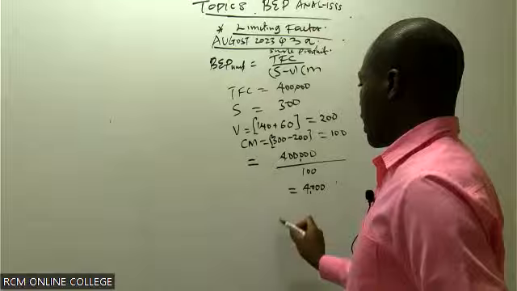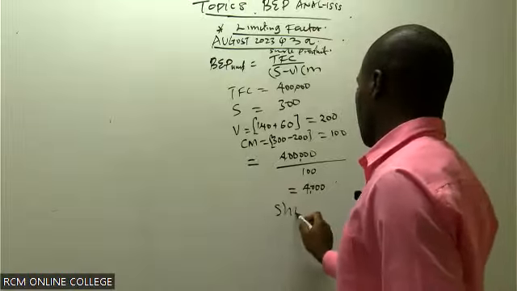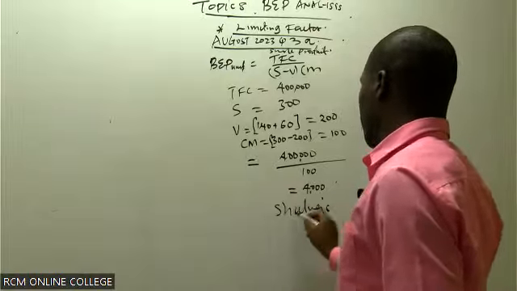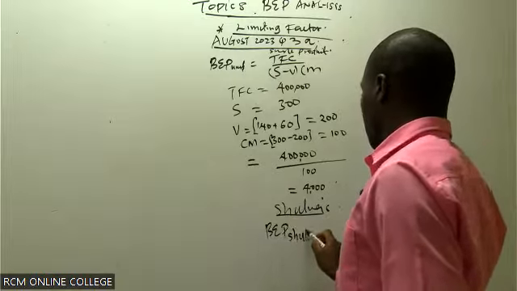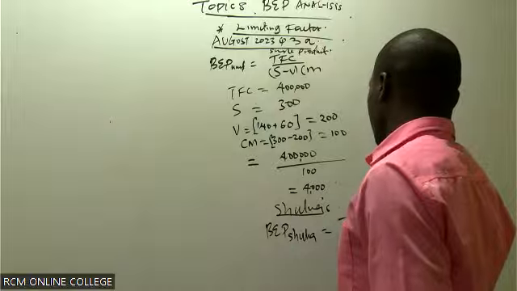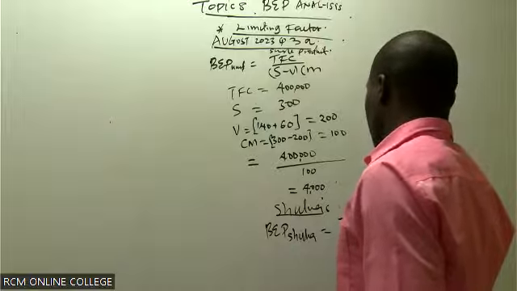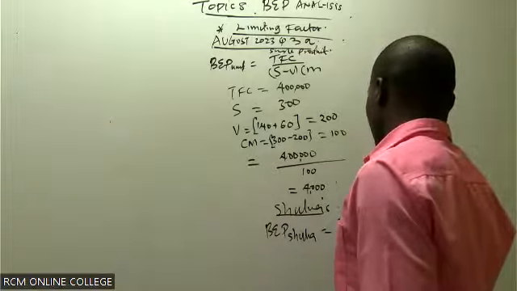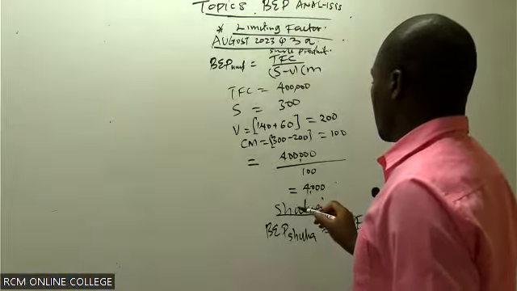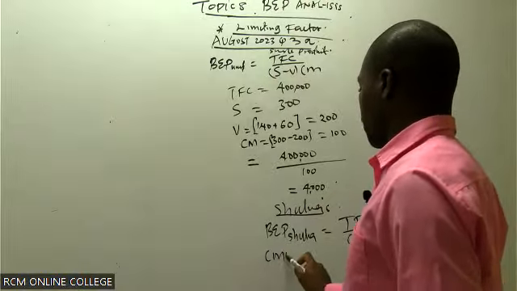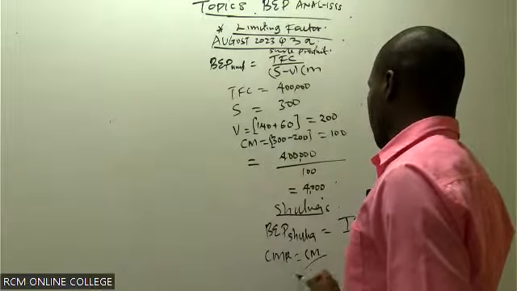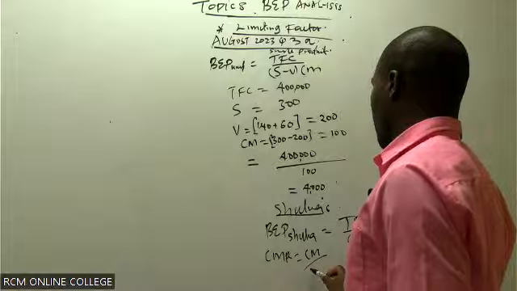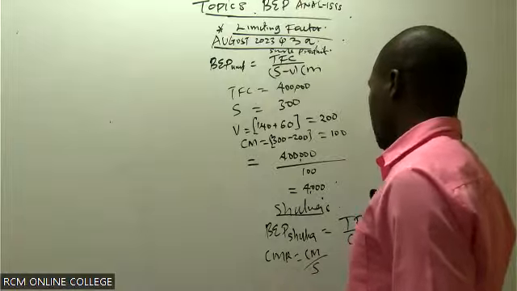I want you to go ahead and get the break-even point in shillings. The break-even point in shillings is equivalent to total fixed cost divided by contribution margin ratio. Contribution margin ratio is equivalent to contribution margin divided by sales per unit.